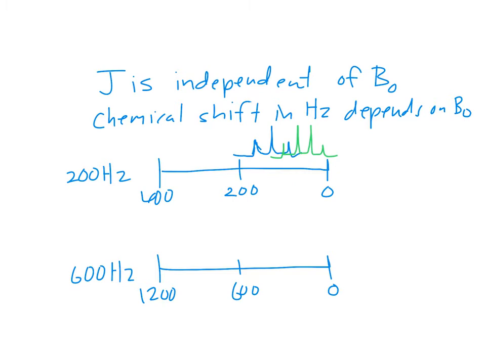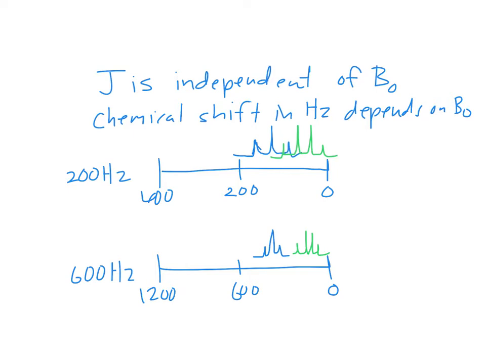And so this would collapse down to having something like this, with a triplet and a quartet like this. And so the coupling constant would be the same, but you'd have a larger chemical shift difference in hertz, even though the parts per million would still come out the same.